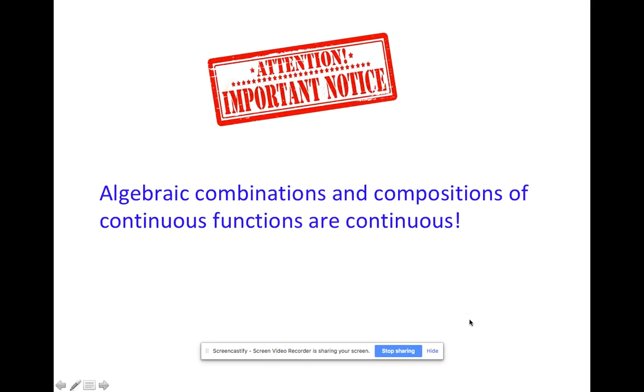All right. Now, this is just an FYI, for your information. Algebraic combinations and compositions of continuous functions will be continuous. So if you put functions together that by themselves are continuous, when you put them together, they will still be continuous.